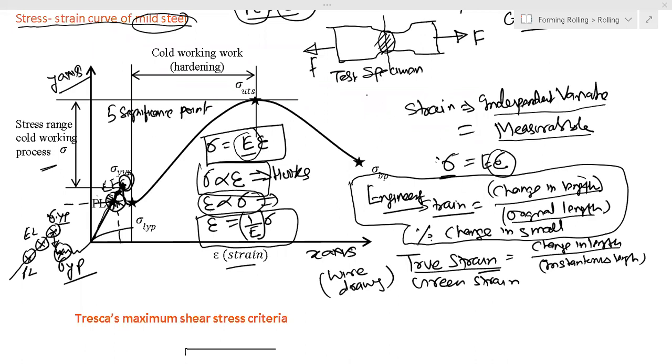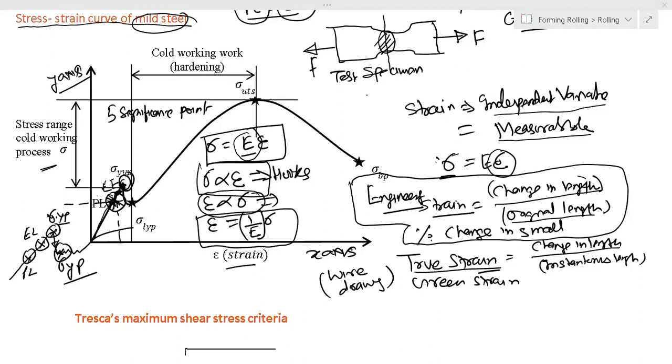When you are stretching, the material starts breaking. Have you heard about static friction? To apply the force at first, it will require a very large amount of force to move the body. But once it has moved, you require less force.